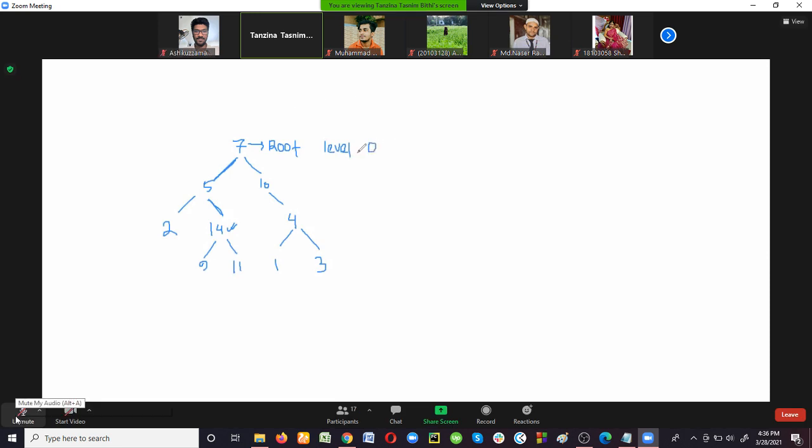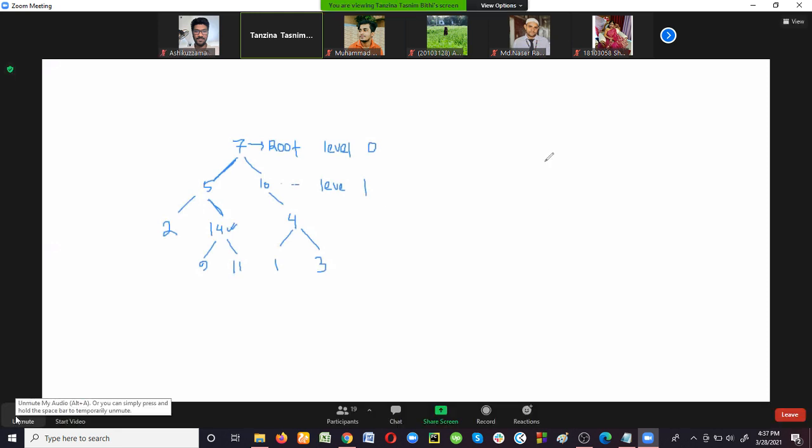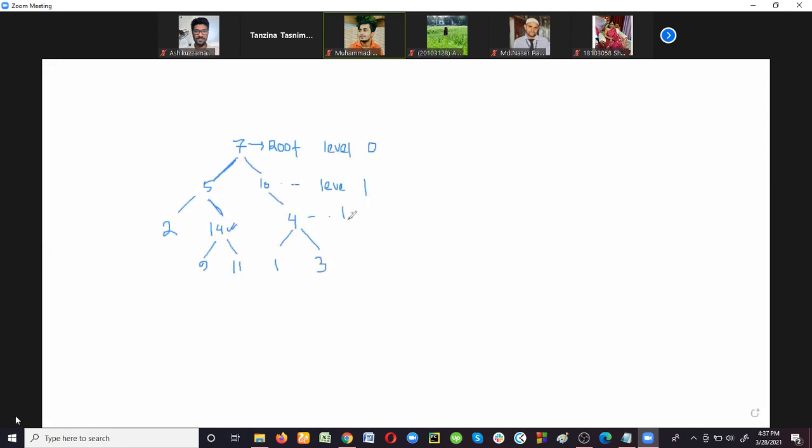And here from top to bottom, the level number will be increased by 1. That means the data elements 5 and 10 are placed in the next level, which is level number 1. What about 2, 14, and 4? They are placed in another level, and it increases the number by 1, so they are in level number 2.